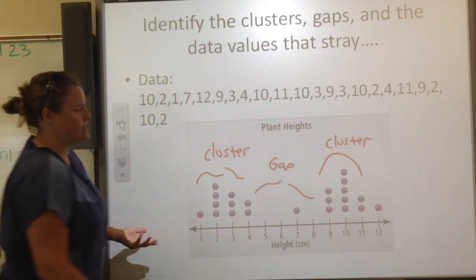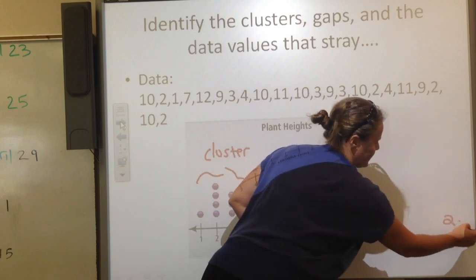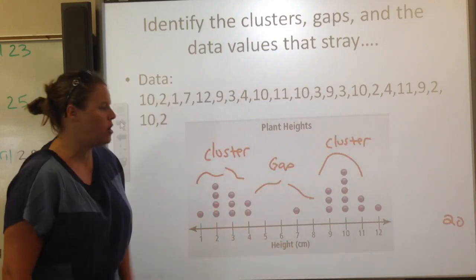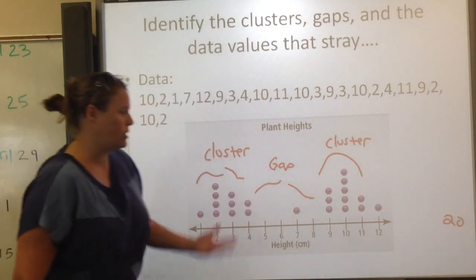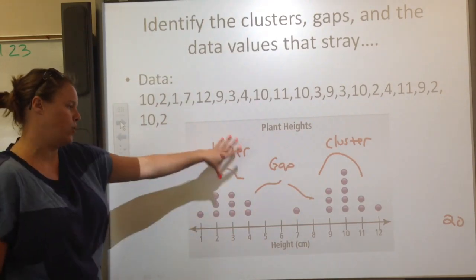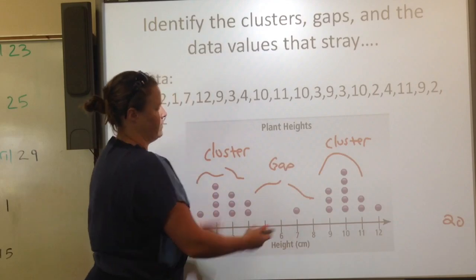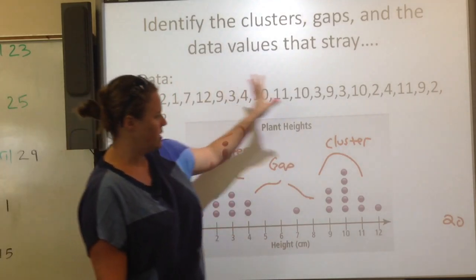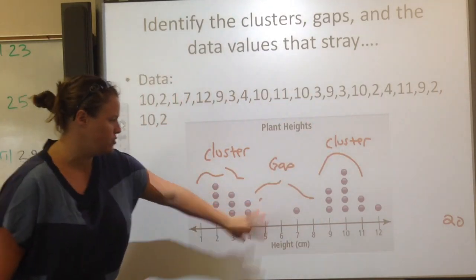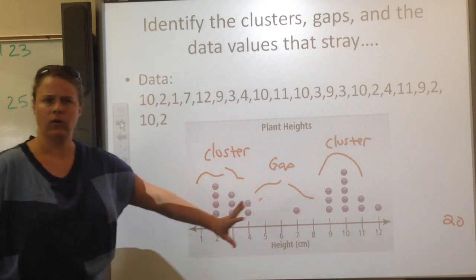If we had a plant that was like maybe 20 centimeters tall, that would be one of the stray points. But we don't have any stray points in this one really. I mean, you could technically call that one, but we're not going to worry about that. So we have a cluster here, a cluster here, and then there's no data in the middle.